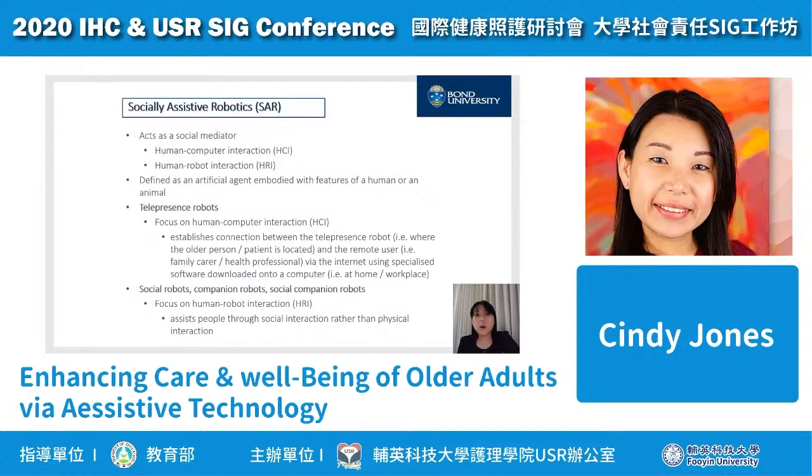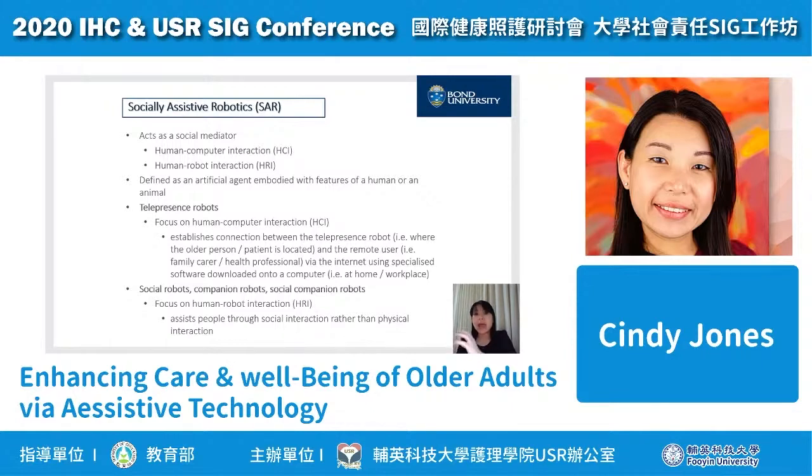With telepresence robots, the focus is on human-computer interaction. It establishes a connection with the telepresence robot, which is usually located where the older person or the older patient is found.